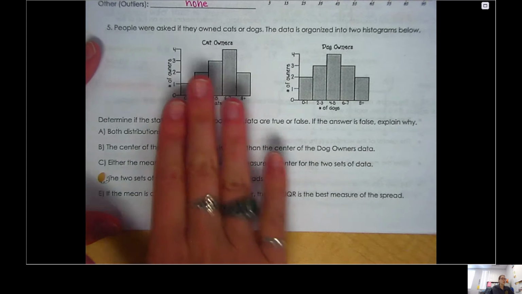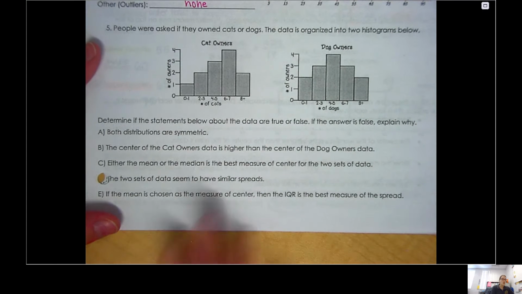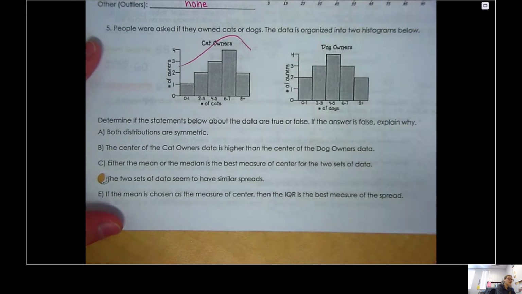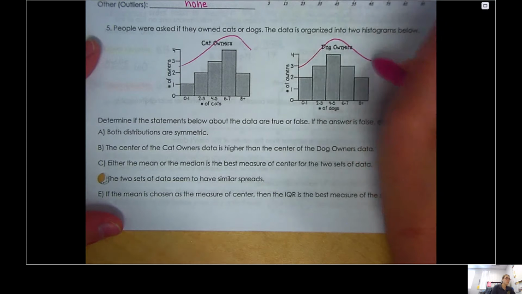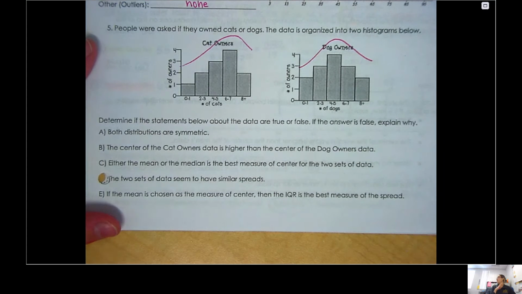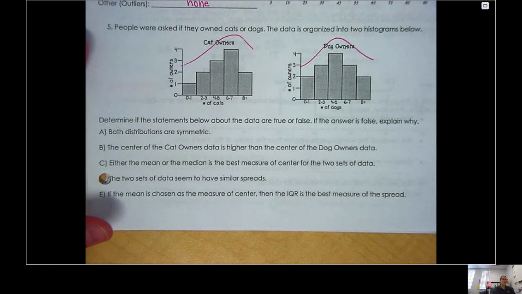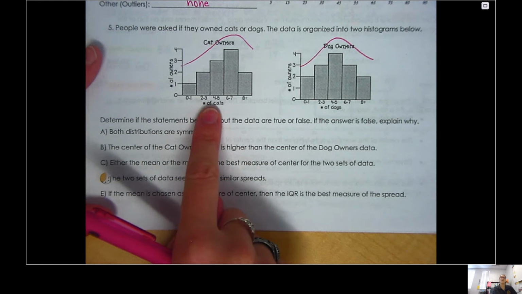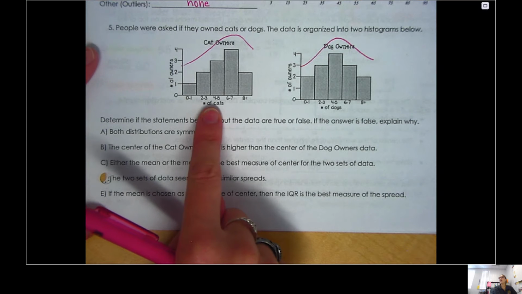Before we even look at these questions, I like to always follow my graph because it shows you if it's symmetric or if it's skewed. If you're looking at the cat owners one, is that symmetric or skewed? It's skewed. And which way is it skewed? Left.